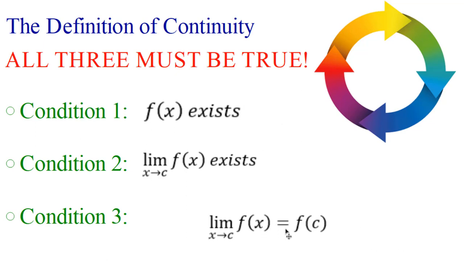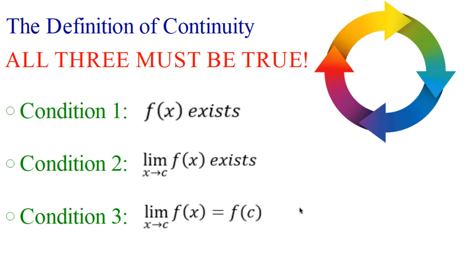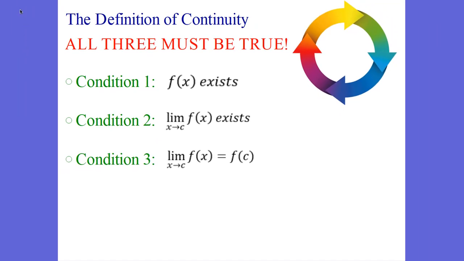And last of all, the main condition: the limit as x approaches c of your function has to equal that defined point f of c. All 3 have to be true.